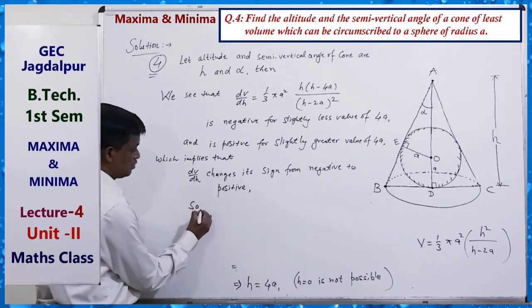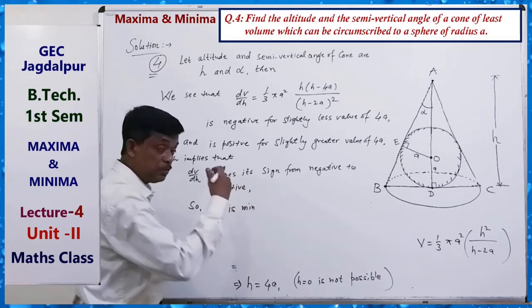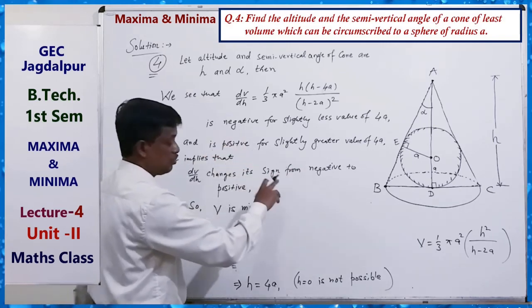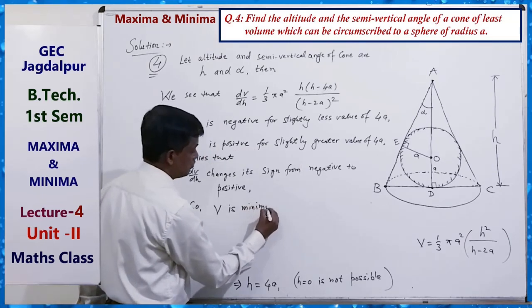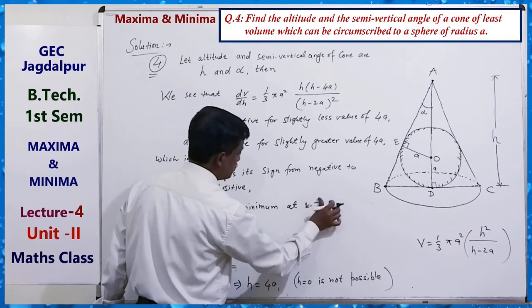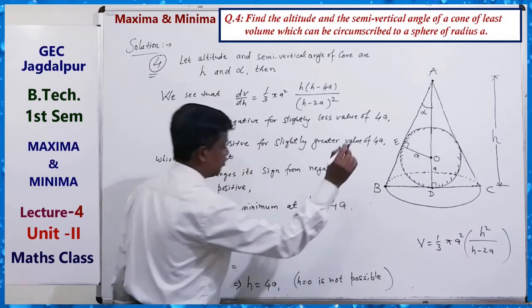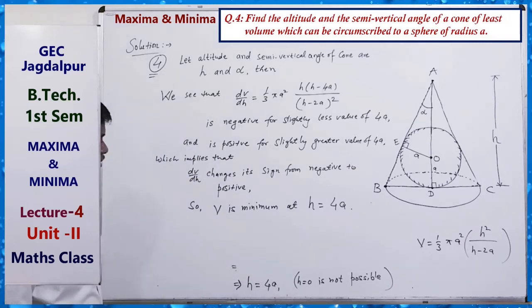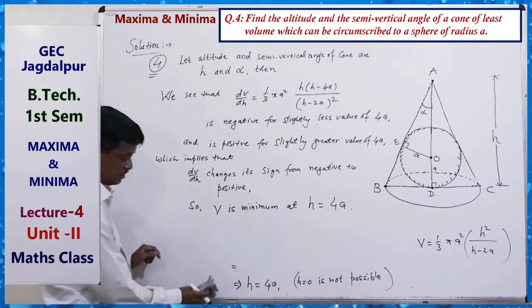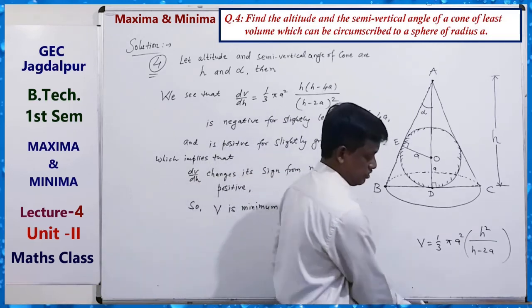So v is minimum, negative to positive, negative to positive. So minimum at h equals 4a. Minimum, least. Okay, so the altitude is found.